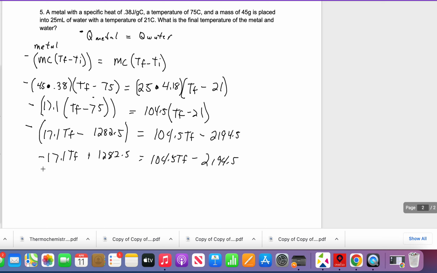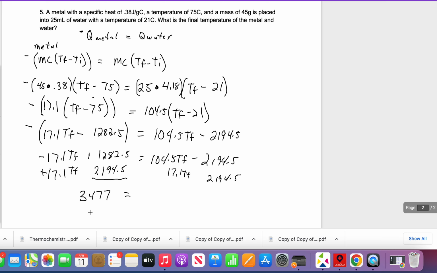Okay, I'm going to combine like terms. So I'm going to add 17.1 TF to both sides. And I'm going to add this 2194.5 to both sides. Basically, I like to deal in the positive. So I'm going to take 2194.5 plus 1282.5, and if I do this side, I get 3477.